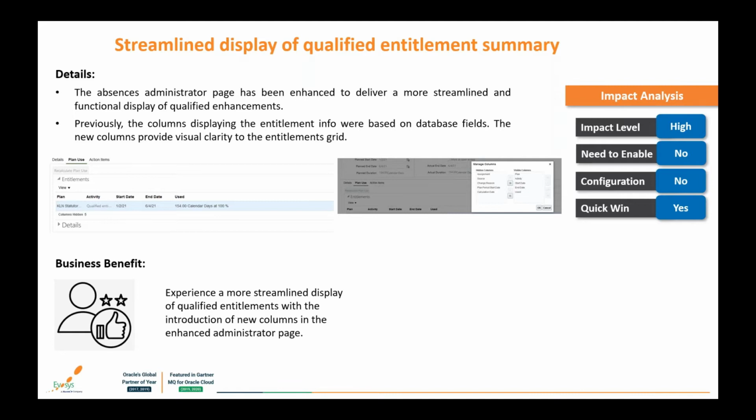We can adjust the number of columns and add new columns based on our requirement. This will be applicable only on the administrator page through the person management screen. This is a quick win from Oracle, a very beneficial one. There is no configuration needed from our end.